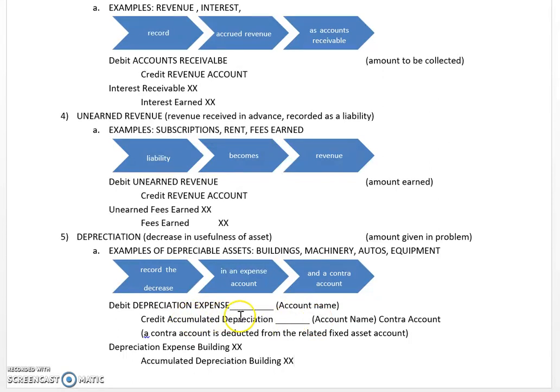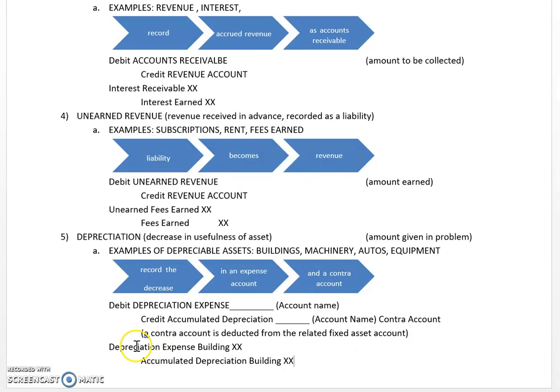Now, accumulated depreciation is a new type of account called a contra account, and what that means is it is deducted from its fixed asset account. So when you do a balance sheet, you would show the building account at its full cost, and then you would subtract the accumulated depreciation from that to show how much of the cost has been depreciated.